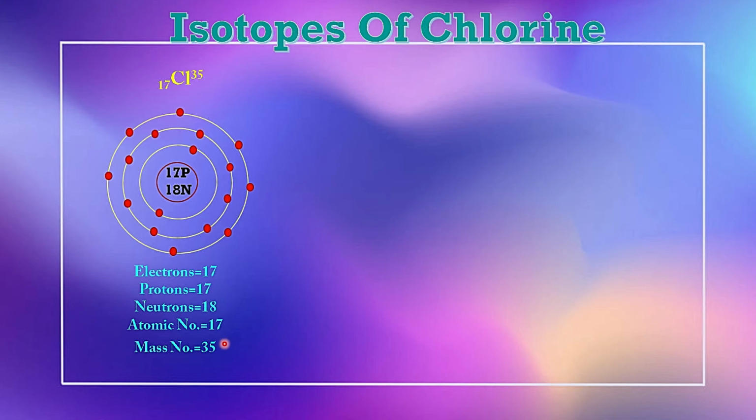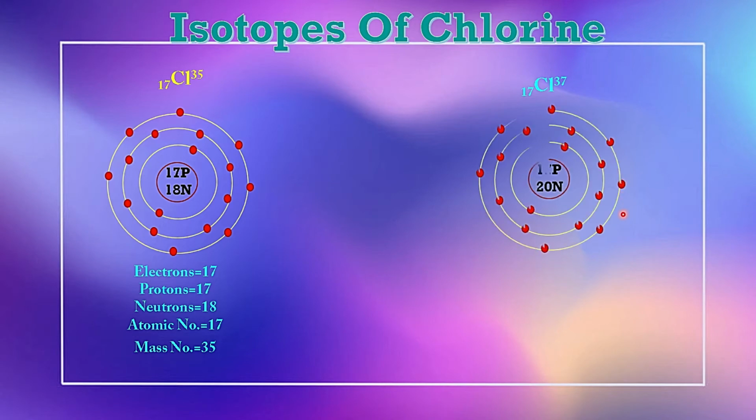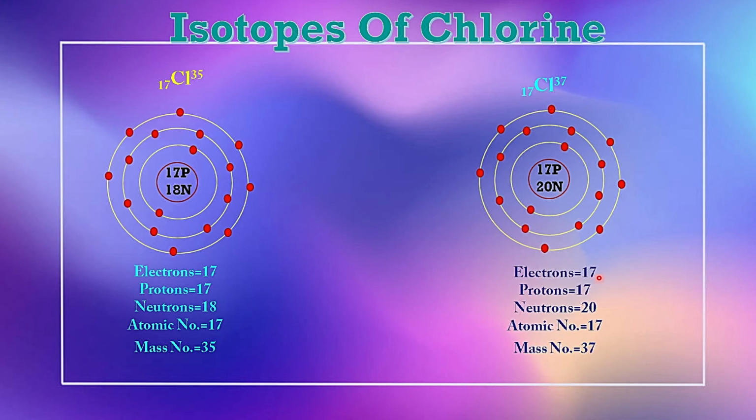As you all know, you used to write atomic mass of chlorine as 35.45 or 35.5. That atomic mass is actually the average atomic mass of both the isotopes. Second isotope of chlorine is chlorine-37. It contains 17 protons and 20 neutrons. Subatomic particles are like this: electrons 17, the same, protons the same, but neutrons are different, 20.